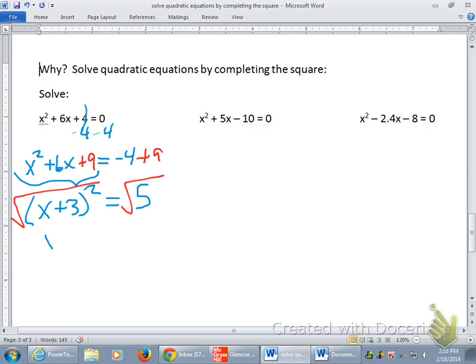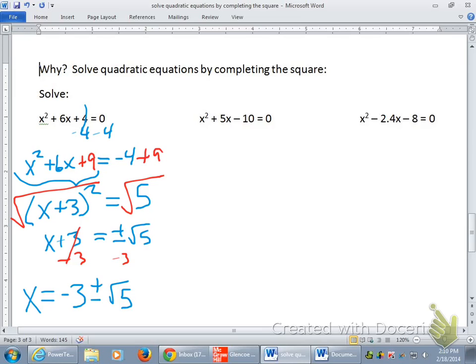They'll cancel each other out, and I'm left with x plus 3 equals plus or minus square root 5. Finish solving. Subtract the 3, right? And that gives me x equals negative 3 plus or minus the square root of 5.